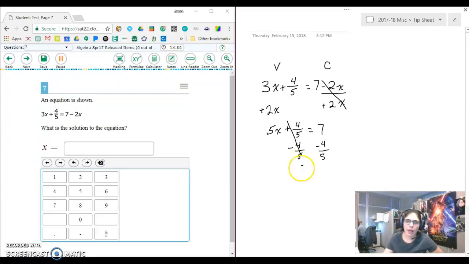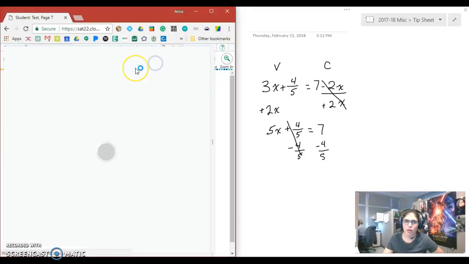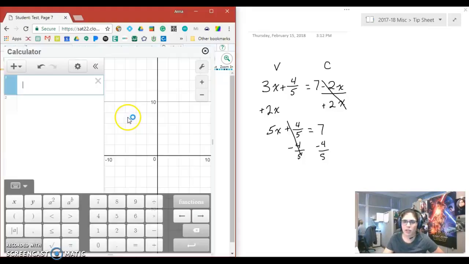Now, I could write this out and use fraction rules to simplify, but adding and subtracting fractions is kind of tricky. So what I'm going to do is use the calculator and see if I end up with a terminating decimal. So what that means is I just want to write something out that I don't have to round.